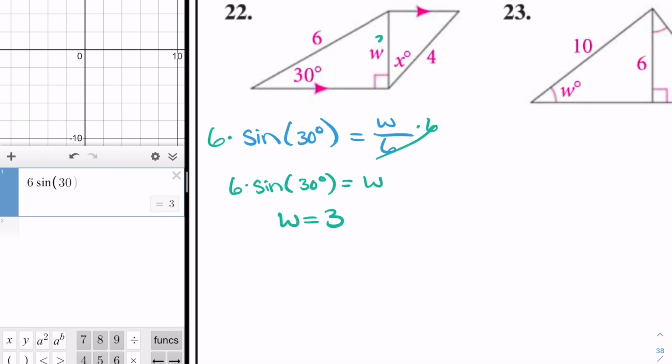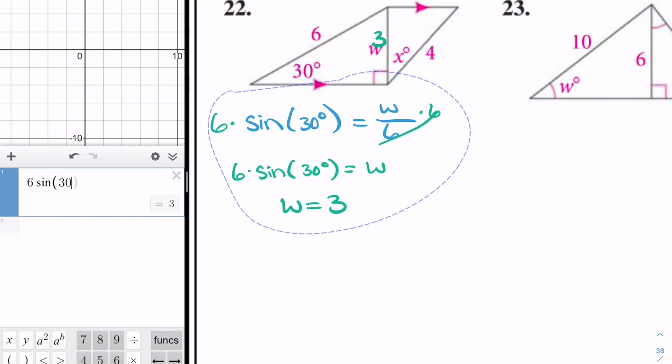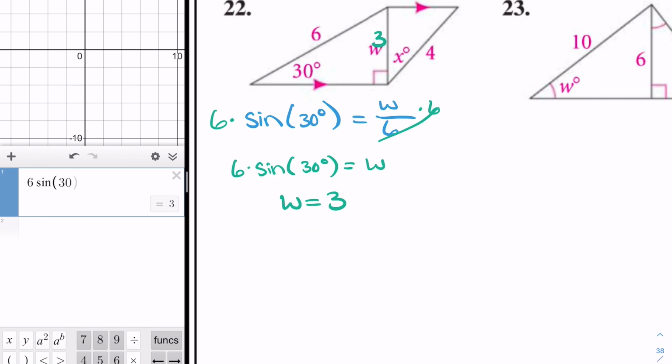And so we have 3 here. And now I need to find x. So for x, to save room, I'm just going to talk it out. I'm not going to write it all down. So I'm going to do cosine of x, which is adjacent over hypotenuse. So the cosine of angle x is equal to the adjacent side over the hypotenuse.